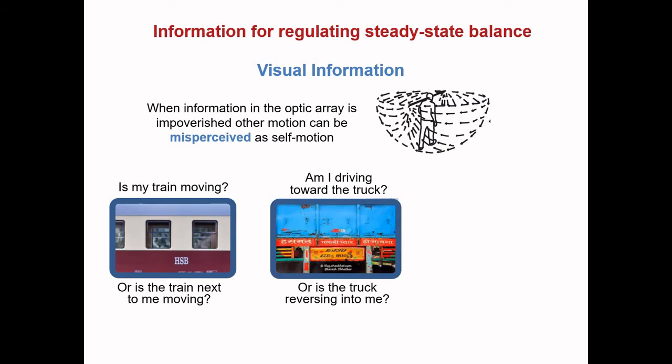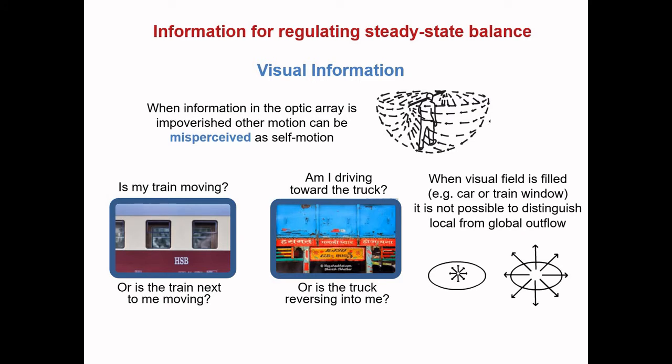In this next scenario, you're stuck in traffic and you're stopped behind a large truck. You're close enough to the truck in front of you that it fills up your view almost entirely. If in this situation the truck moves forwards, you can mistakenly perceive that your car is rolling backwards and you will jam your foot on the brake. I'm sure some of you have had this experience.